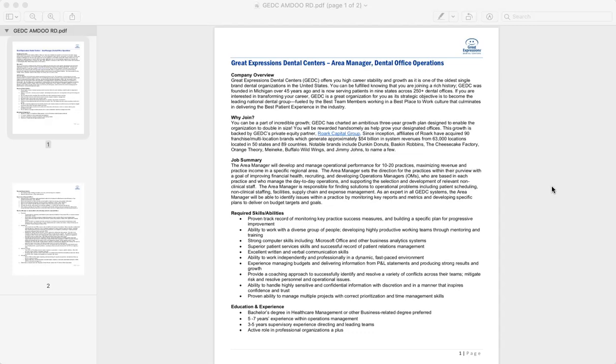So to start off by filling you in on the key points, an AOM, as they're typically called, Area Operations Manager, is essentially responsible for the operational management of a region of dental clinics. In terms of the operations reporting structure, each clinic typically has an office or operations manager. The title can vary, but essentially one leader for that office who then reports to a regional manager or director.